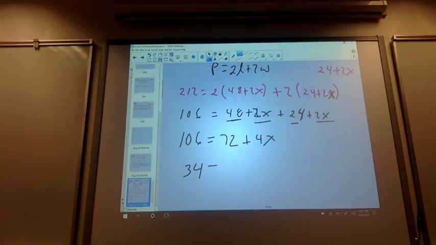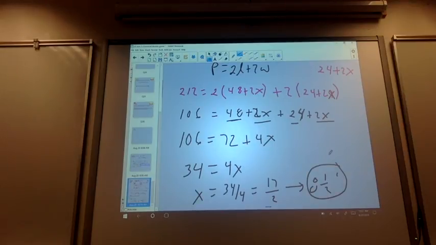Okay? So I would find x to be 34 over 4, which reduces to 17 over 2. 17 over 2 feet kind of is goofy to think about, so I would say we have 8 1/2 feet. Does that seem okay? Yes.